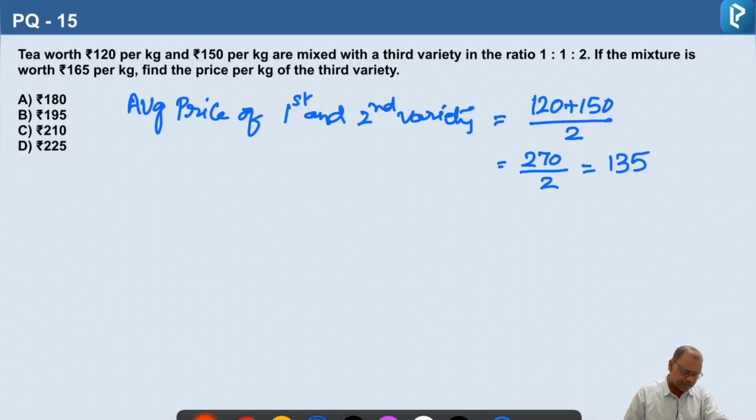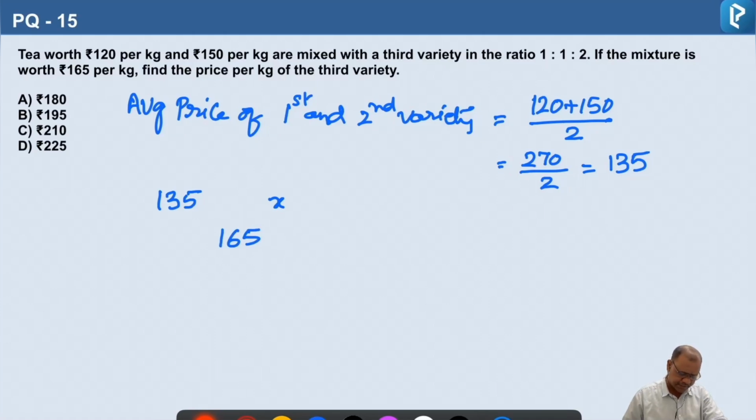Now let us use the alligation method. The average price of the first and second is 135. We are mixing this with the third variety. We don't know the price of the third variety, let us assume it as X. And the price of the mixture is 165.